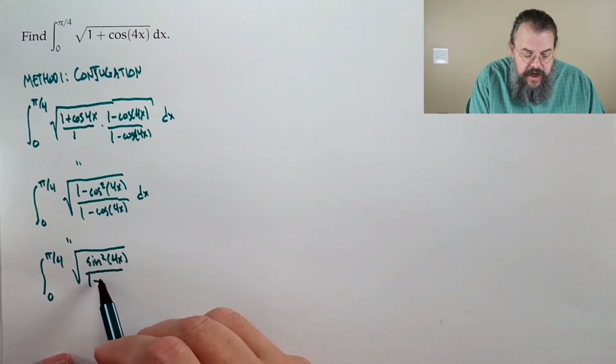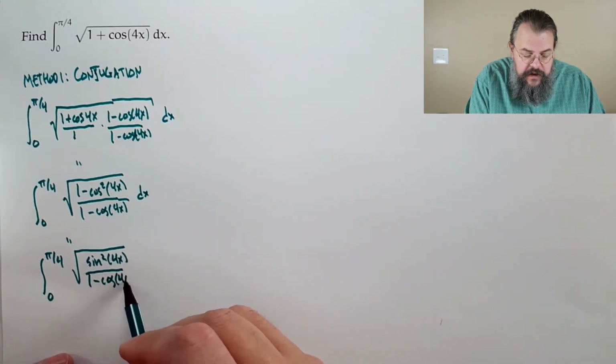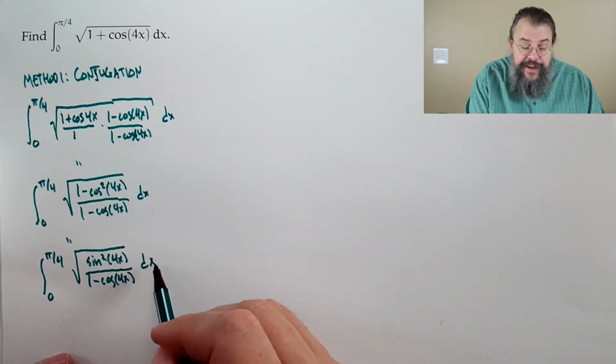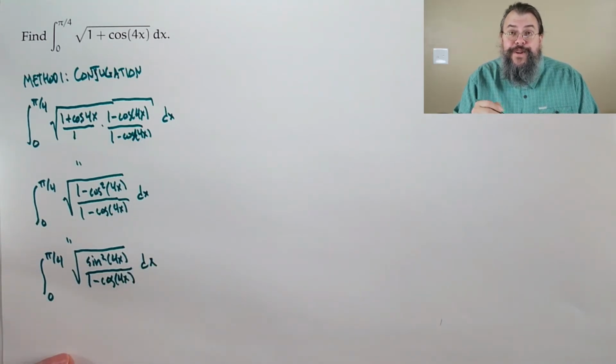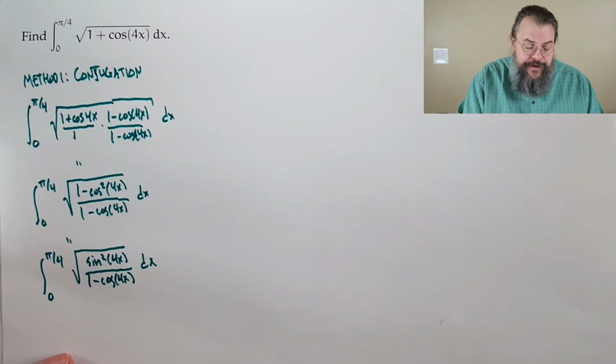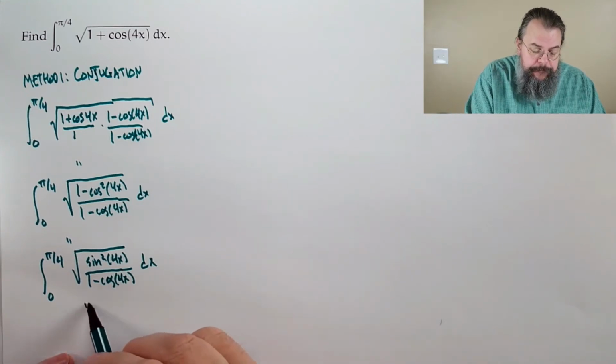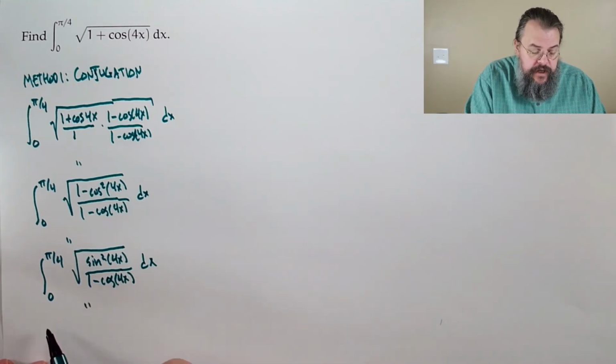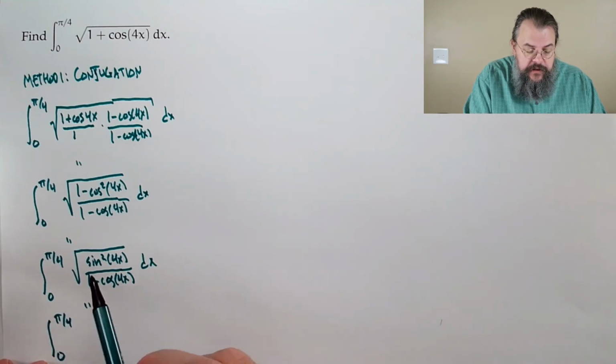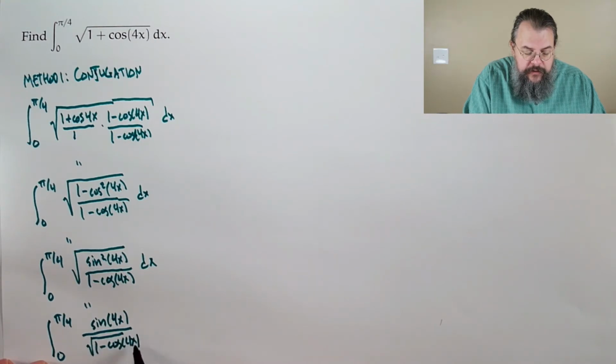Downstairs, 1 minus cosine 4x. And now, our moment of truth, getting rid of a square root. So this is equal to integral 0 to pi over 4. Square root of sine squared is sine of 4x over the square root 1 minus cosine 4x.